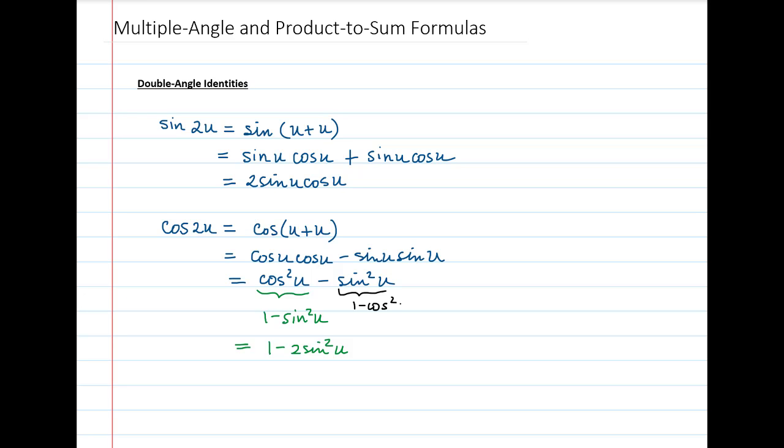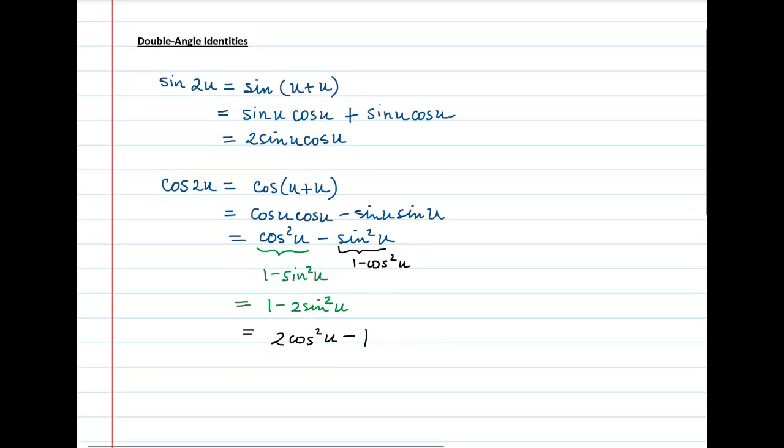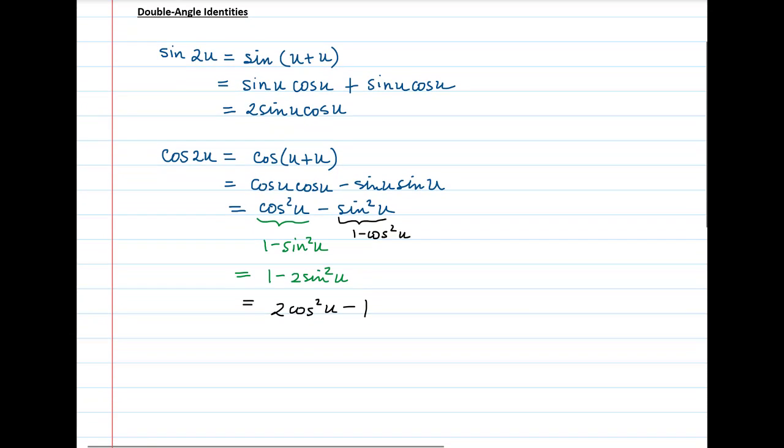In the same way, if I replace sine squared of u with 1 minus cosine squared of u and combine it with the cosine squared of u that you already had, I will get that the cosine of the double angle is also equal to 2 cosine squared of u minus 1. So here, notice how the equation in green and the equation in black give you 2 different variations for the cosine of the double angle. And we're going to use those interchangeably depending on what we need in our problem.